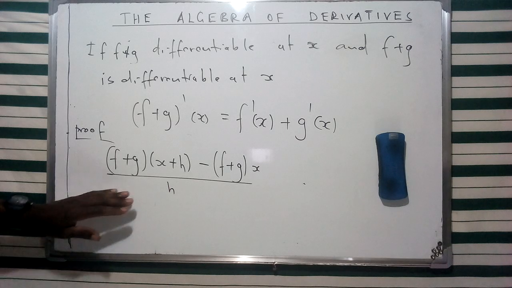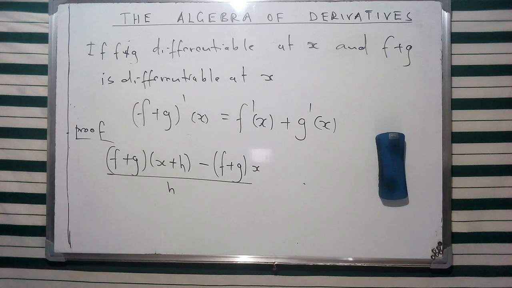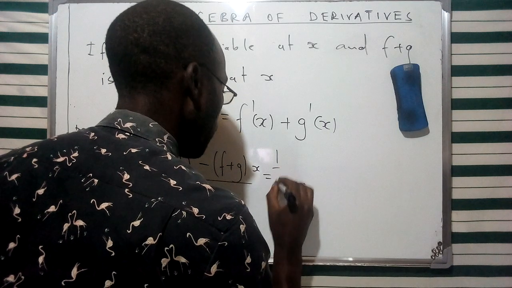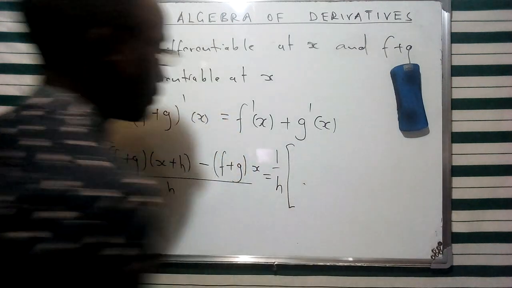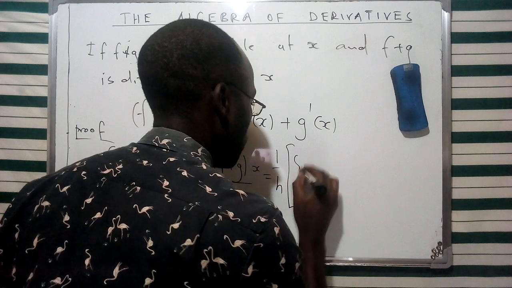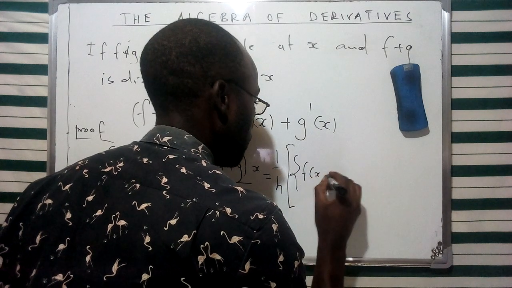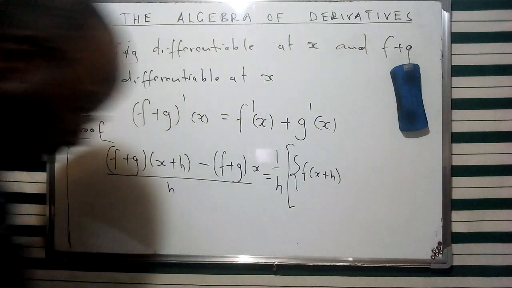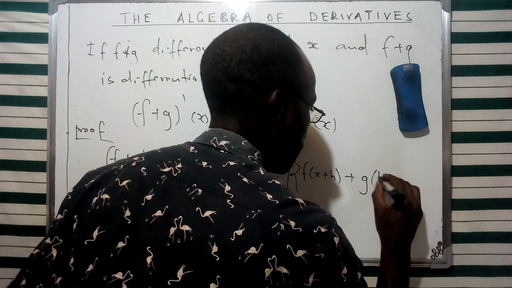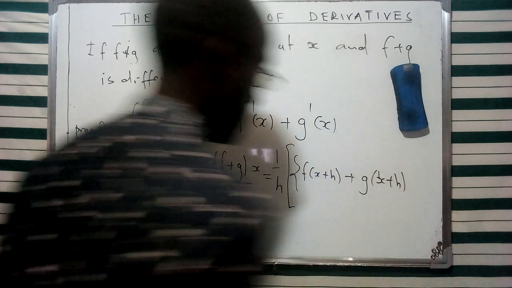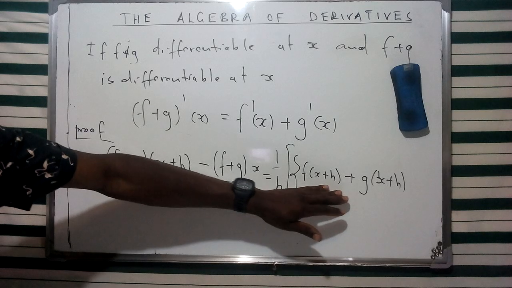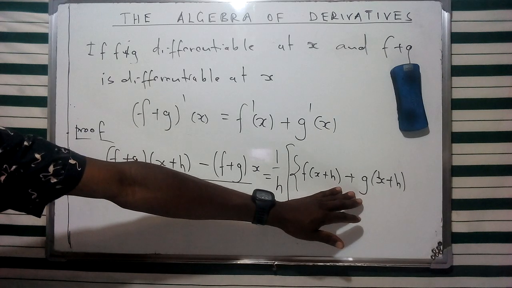So this is a general representation for these two specific functions, and this can be given in terms of 1 over h, in square brackets, f of x plus h plus g of x plus h. So this is the sum of the two small variations for f and g, which are the two functions.